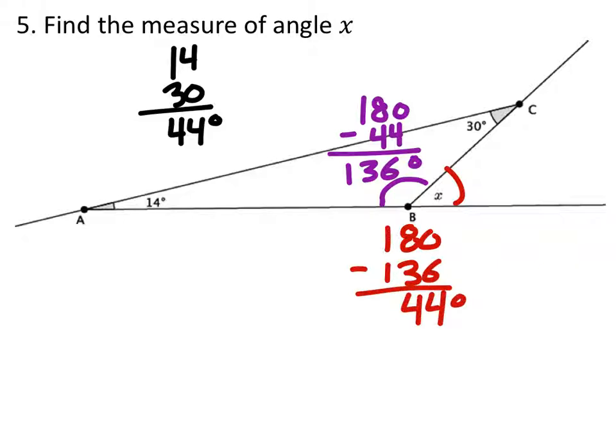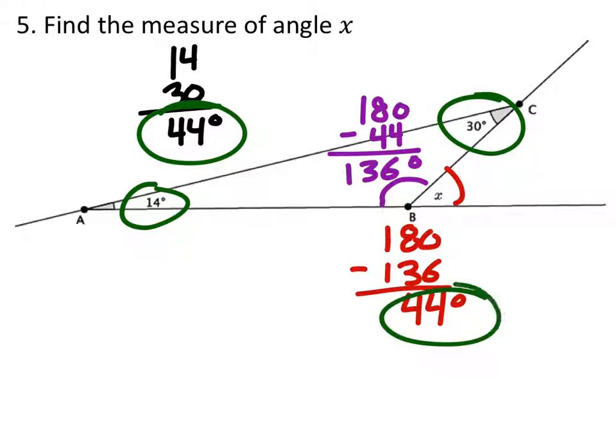But something interesting happened on this one. We took this angle and added them to get 44 degrees, but that was the measure of this exterior angle. And we also know that those two interior angles in green are remote interior angles with the exterior angle X. So when we take two remote interior angles and add them together, it equals its corresponding exterior angle.